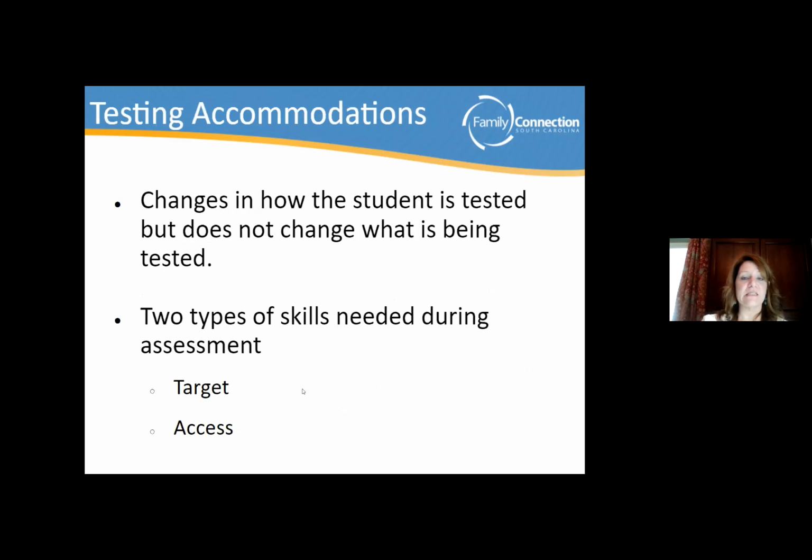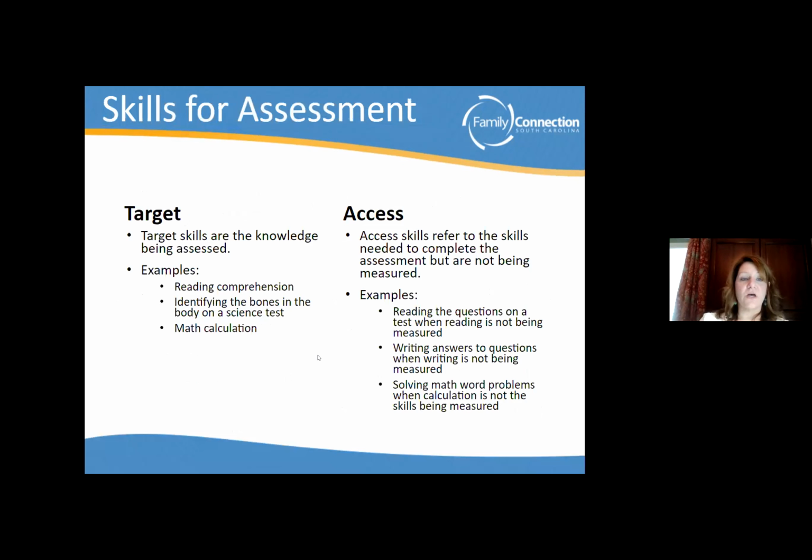Okay, then testing accommodations are a little bit different. They change how the student is tested, but don't change what's being tested. A lot of times you'll see in an IEP small group testing. That's an example. So two types of skills are needed during assessment: the target, and the access. The target skills are the knowledge being assessed.